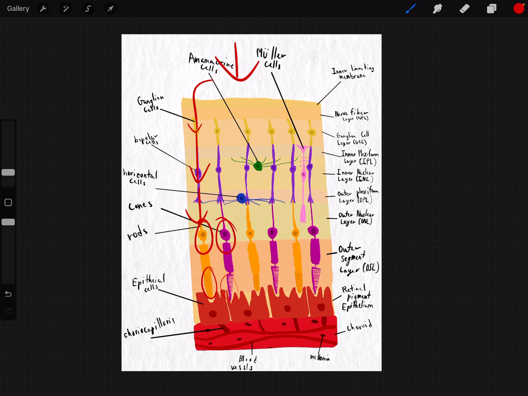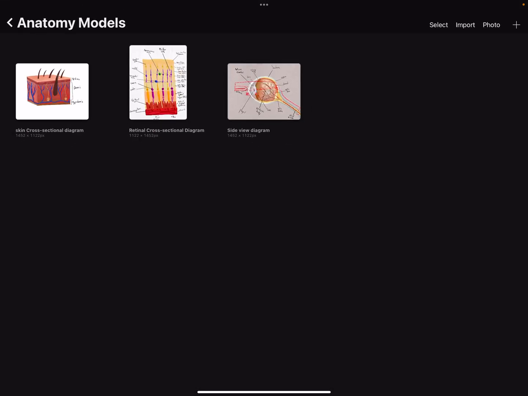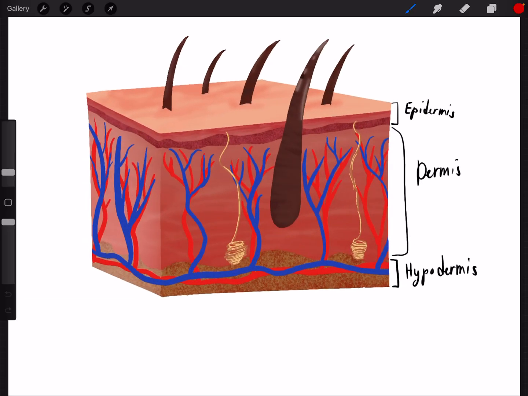And then these cells actually keep your rods and cones healthy. And then that info gets all taken to the optic nerve, which takes it to your brain. All right, and that's the eye one. And then the second one I chose was a skin model.